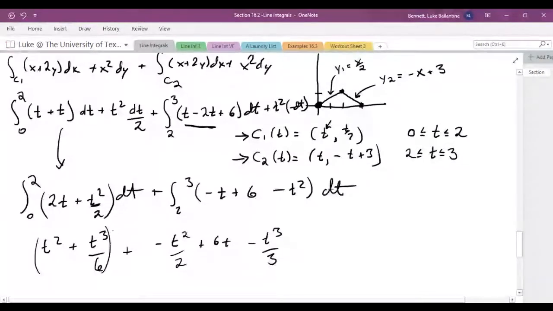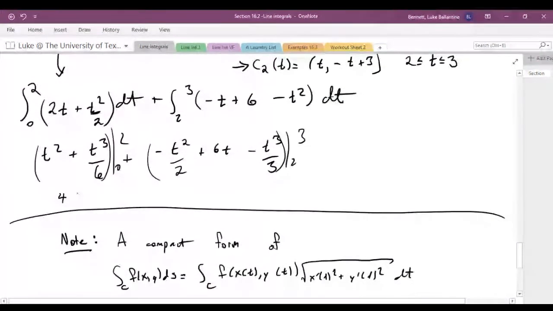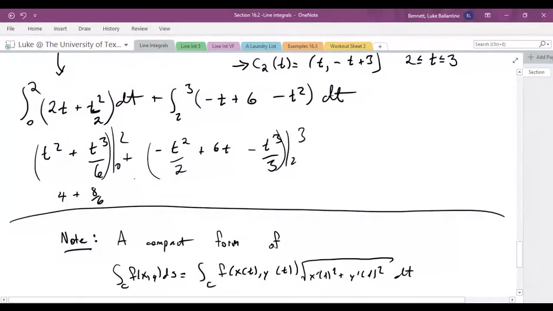Evaluating the first two from 0 to 2, and the second two from 2 to 3. Okay, so then we get 4 plus 8 over 6, 0 zeros everything out, minus 9 over 2 plus 18 minus 27 divided by 3 is 9.